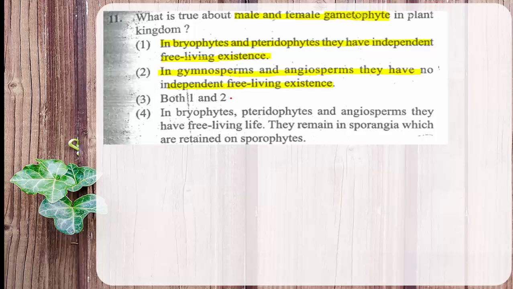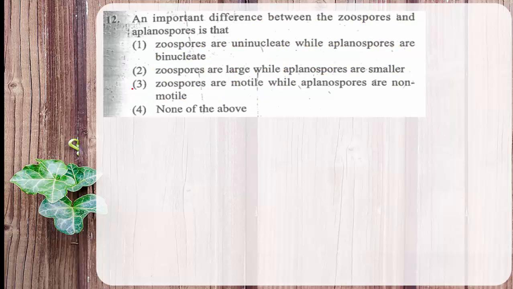Therefore, the right answer for this question is option 3. In bryophytes and pteridophytes, the gametophyte has independent free living existence. In gymnosperms and angiosperms, they have no independent free living existence. So both the statements are correct, and the right answer for this question is option 3. Then moving to the next one.